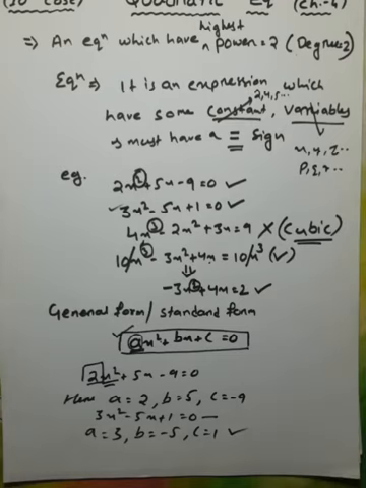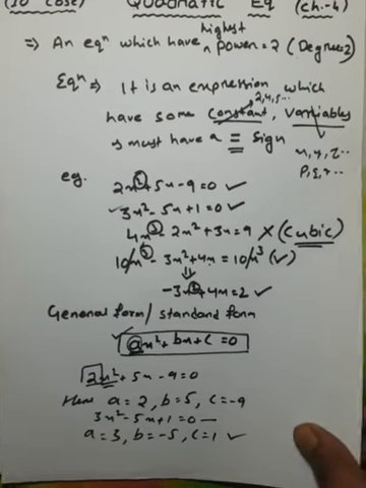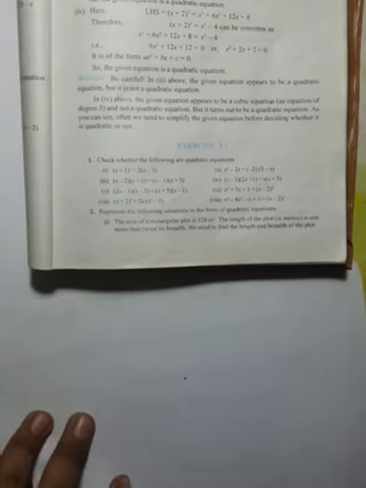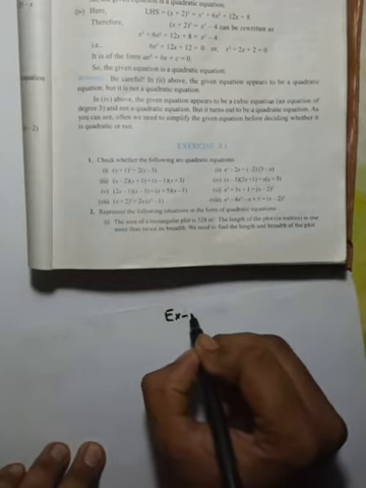Then in your first exercise, 4.1, it is given just to check whether an equation is quadratic or not. So let us see how you can solve those problems. See, here is the book, exercise 4.1.